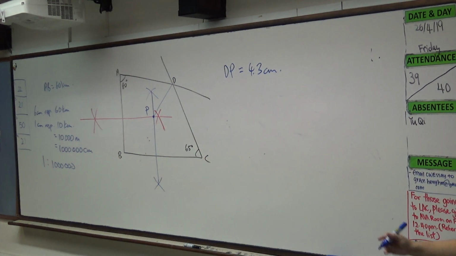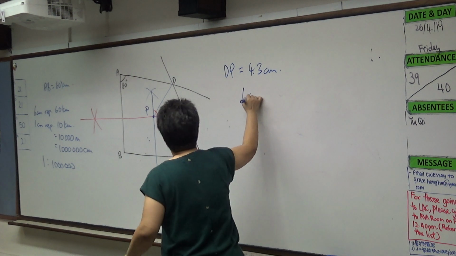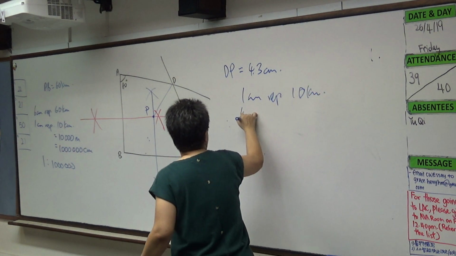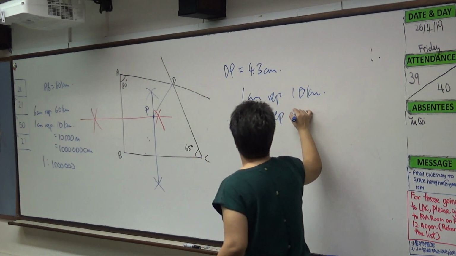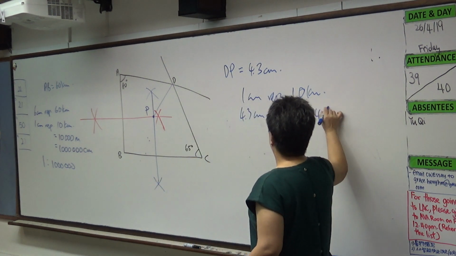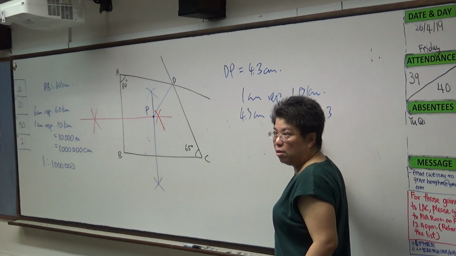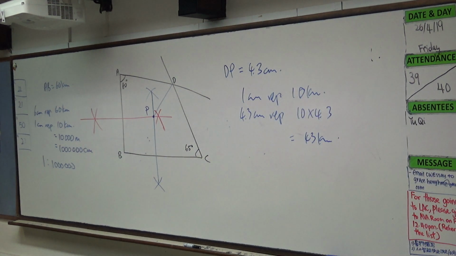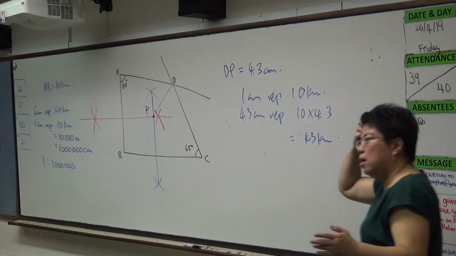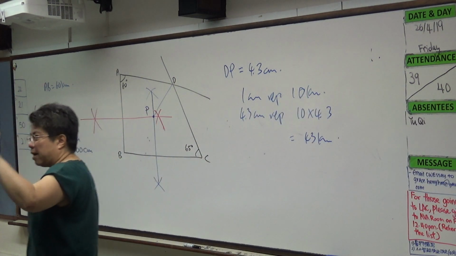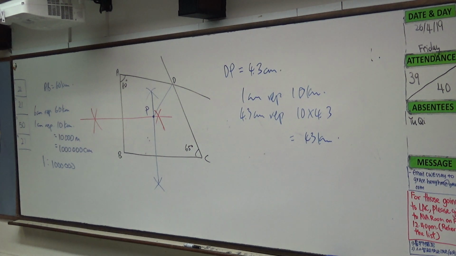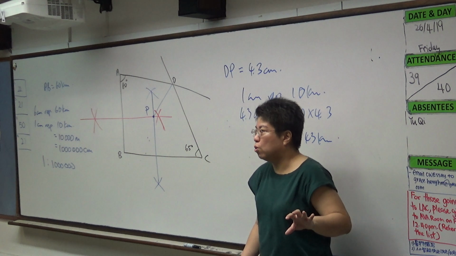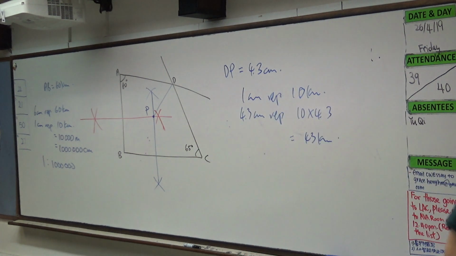The actual distance. So since 1 cm represents 10 kilometers, 4.3 cm will represent 10 times 4.3, right? So what is this? 43 kilometers. Everybody clear so far? So by construction, we can actually get the actual dimensions. Are you all clear with this particular example? Yes or no? Yes, okay, good.